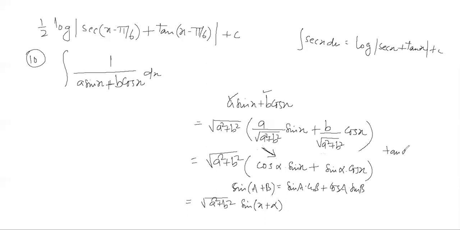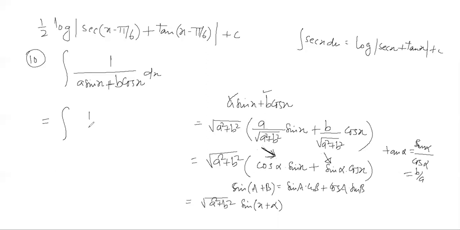So tan alpha equals what? Sin alpha upon cos alpha. I have assumed this as cos alpha, and this one automatically would be sin alpha. That's why tan alpha would be sin alpha upon cos alpha, means this value upon this value, that is b upon a. Very good.